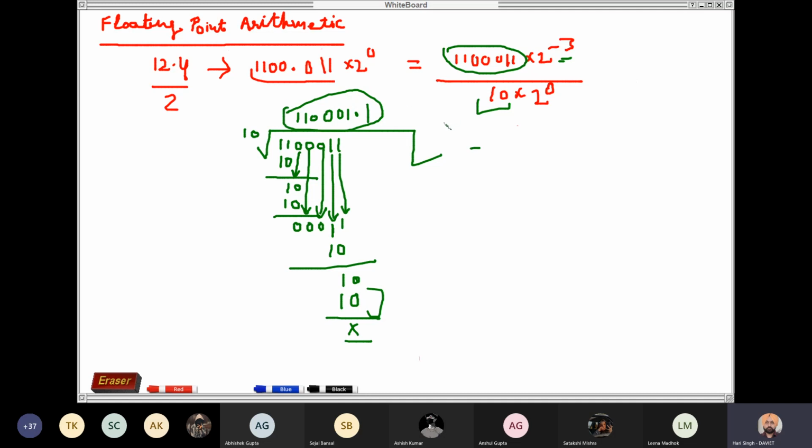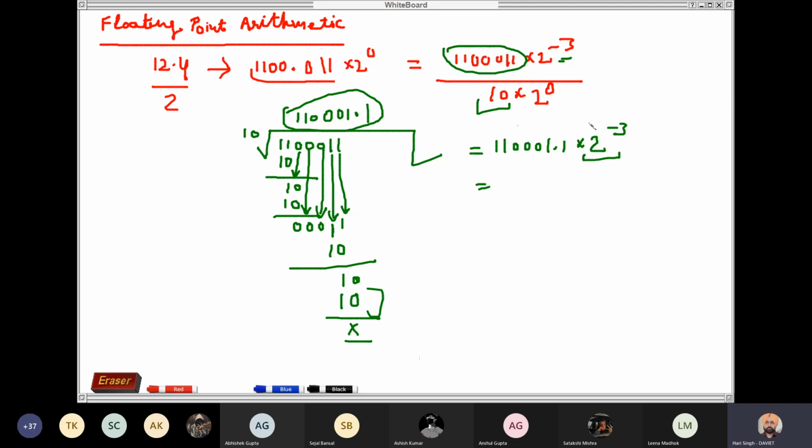So our result is 110001.1 into 2 power, the difference of minus 3 and 0, it will be minus 3. Now to verify the result, we want to convert this value into decimal.